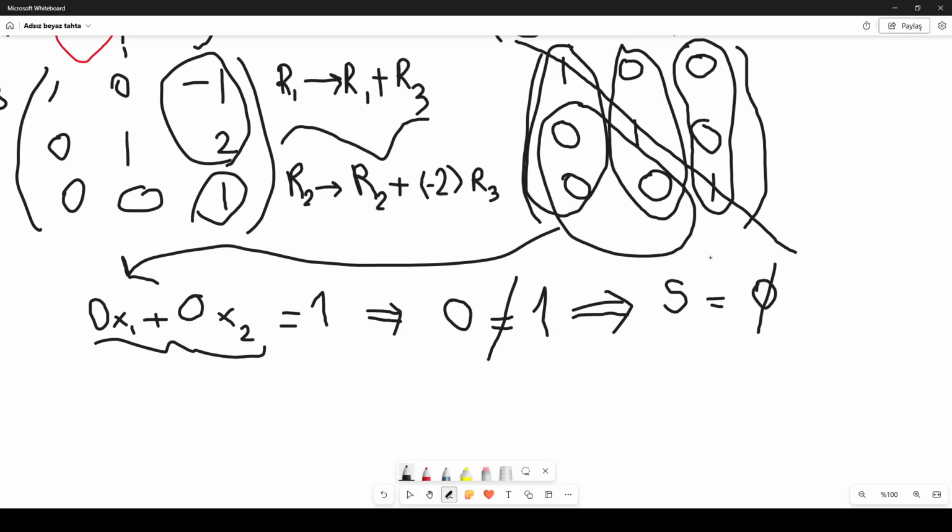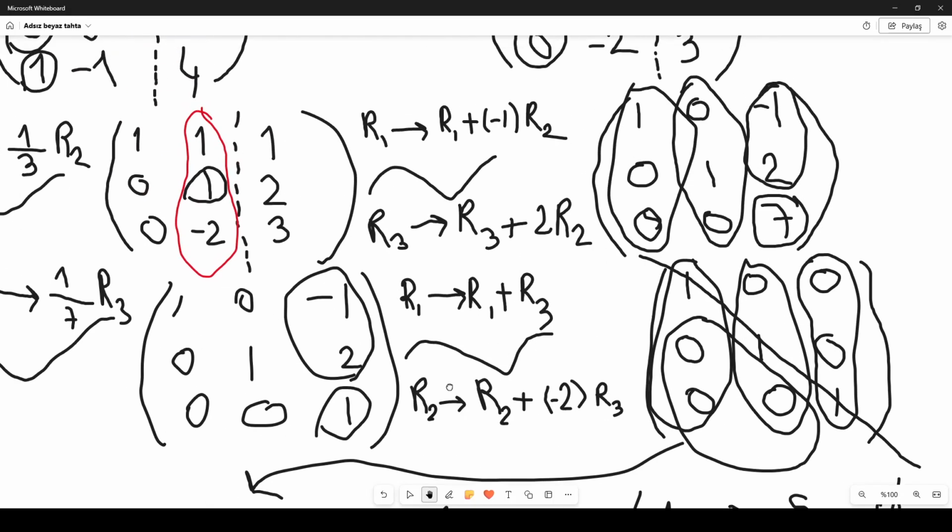If you move upwards, you can see a similar thing: in the second row, we infer that x2 is equal to 0, and with respect to the first row, it means that x1 is equal to 0, so x1 equal to 0 and x2 equal to 0 is a candidate solution.